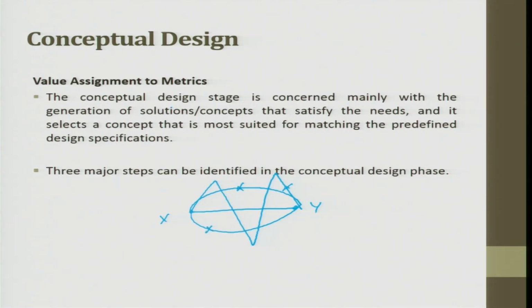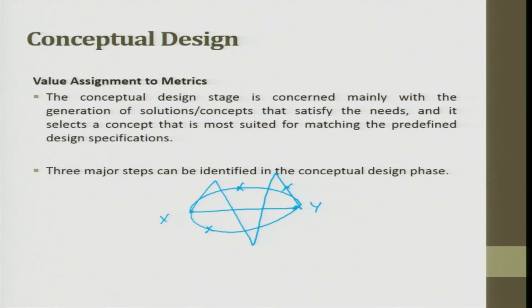Okay. So, the conceptual design stage is concerned mainly with the generation of solutions, let them be viable or not viable, we are least bothered, that satisfy the need, and it selects a concept that is most suitable for matching the predefined design specification.